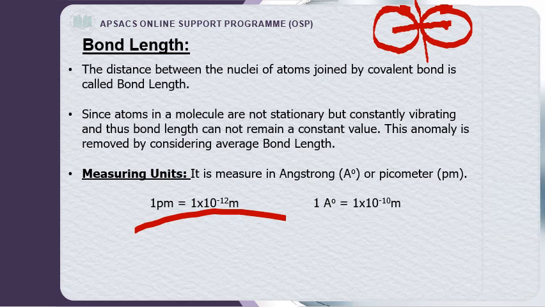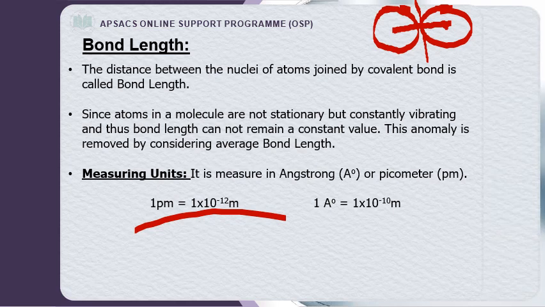Here, the bond length says that the atoms in the molecule are not stationary, not fixed, they are moving or vibrating. So the bond length is not a fixed quantity, minor changes will appear in it. So average bond lengths are taken, as the atom itself is very small.